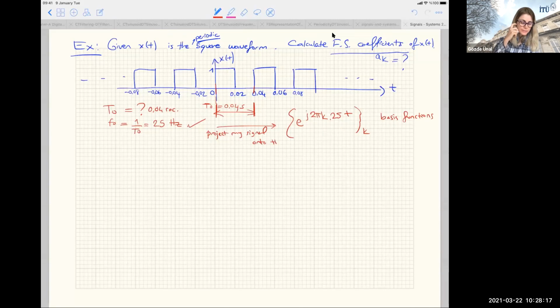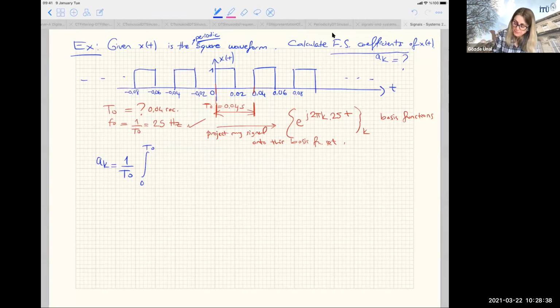Okay, so now let's use our good old Fourier series analysis integral, which is ak equals 1 over t0. Let's first write the equation without the numbers. 0 to t0, this is one period, 0 to 0.04, for instance. Let's use that.